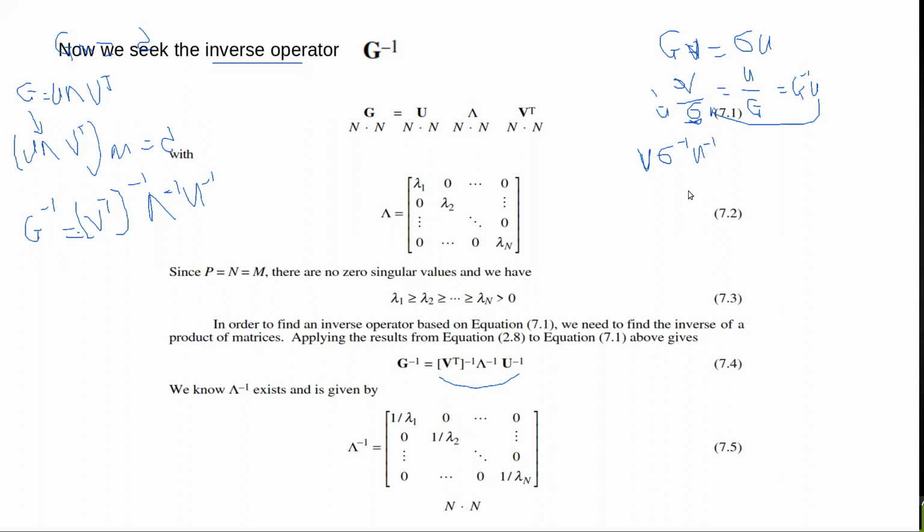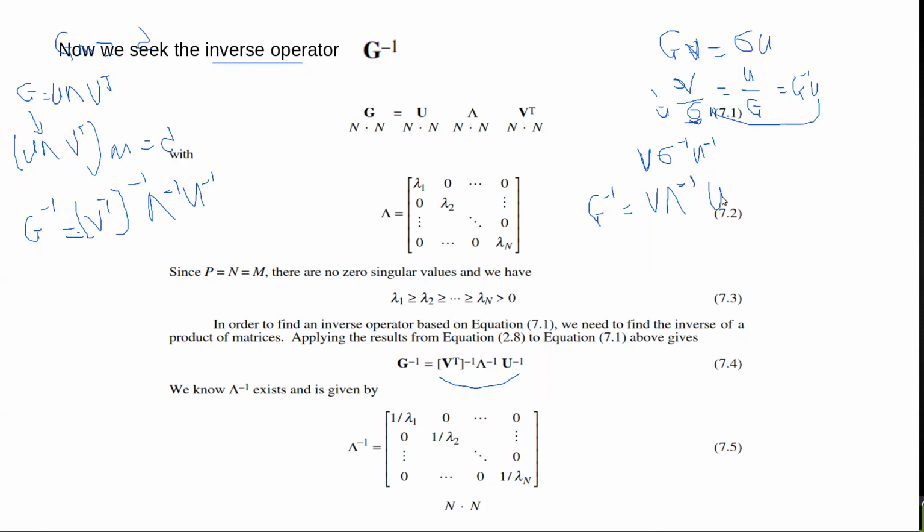Now, if we remember that the U's and V's are orthonormal, then the inverse is just the transpose. This is where the power comes from. So G inverse will be V, lambda inverse, and U transpose. I'll show you what lambda inverse is.